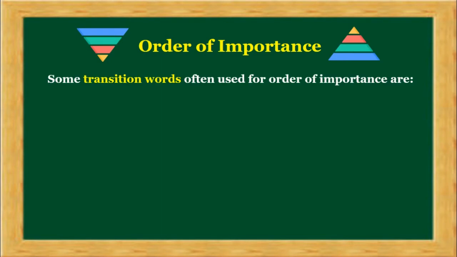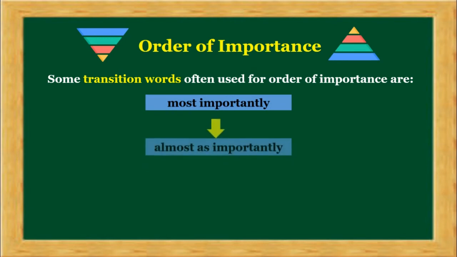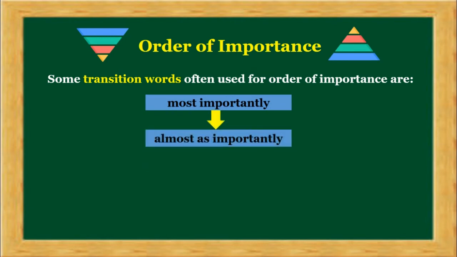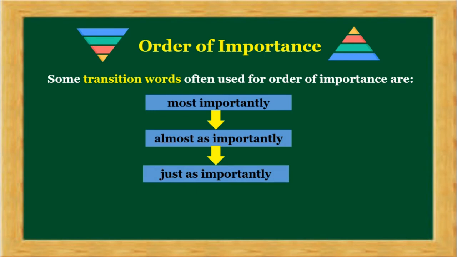Some transitional words and phrases you should use with the order of importance are the following: most importantly, almost as importantly, just as importantly, and finally.